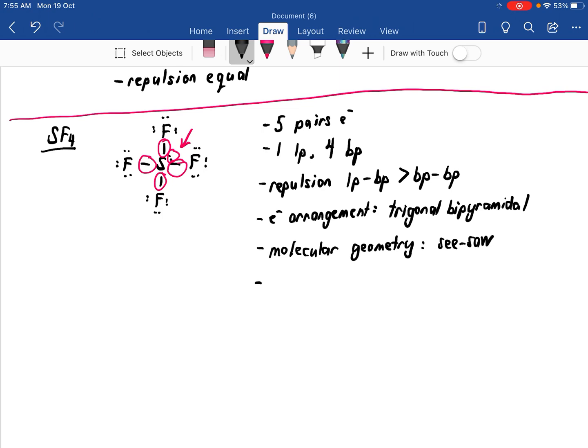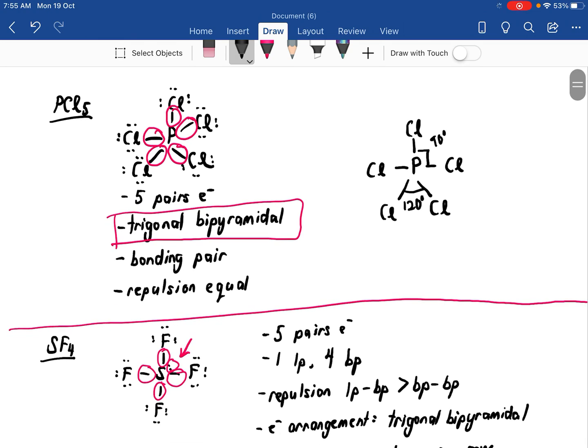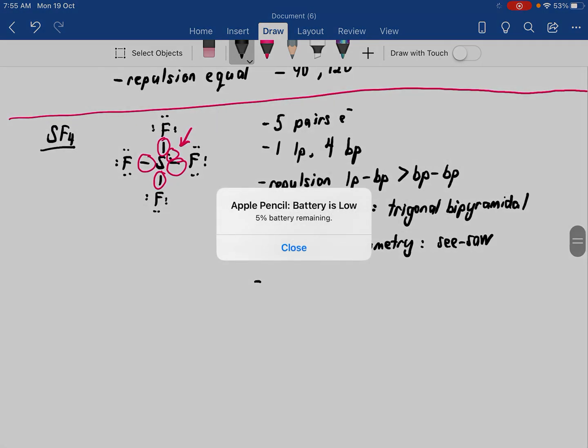And the angle, just now we forgot to put the angle. If you still remember, we have 2 types of angle, 90 degrees and 120 degrees, for trigonal bipyramidal. Sorry about the interruption.